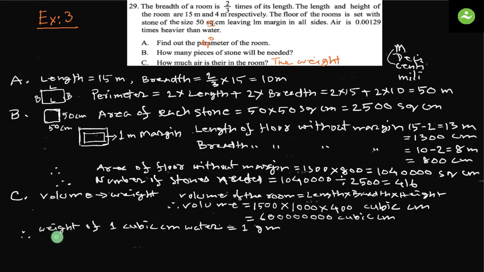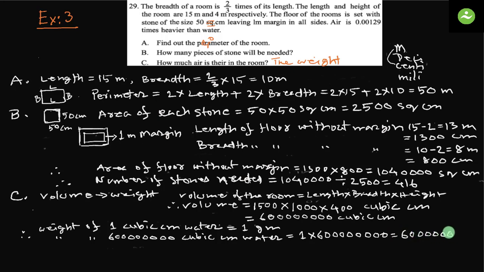Therefore, weight of 6 then 8 zeros cubic centimeter water equals 6 then 8 zeros grams.